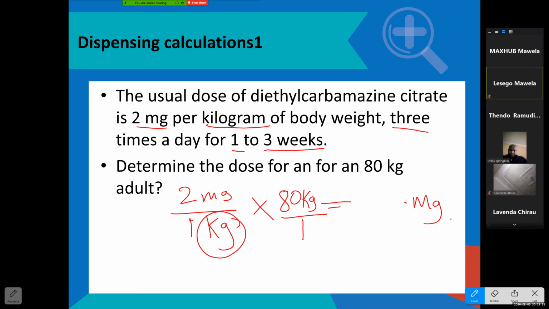The 1 is implied again. So you multiply, and this kilogram will be cancelled by that kilogram. You multiply 2 by 80, and then you get your 160 milligrams. Is it clear? I hope it makes sense.